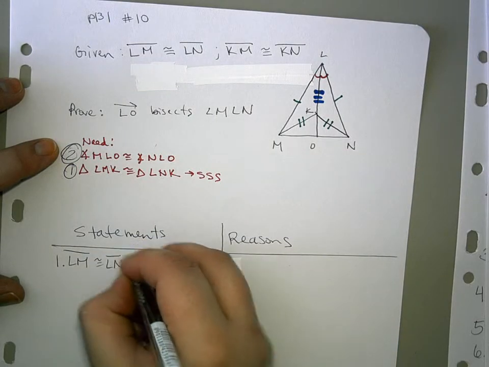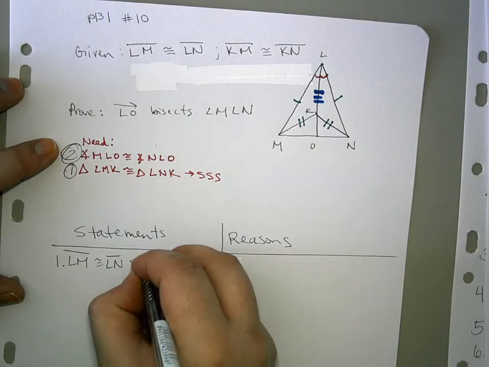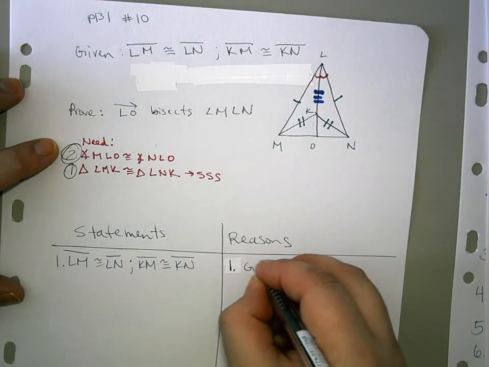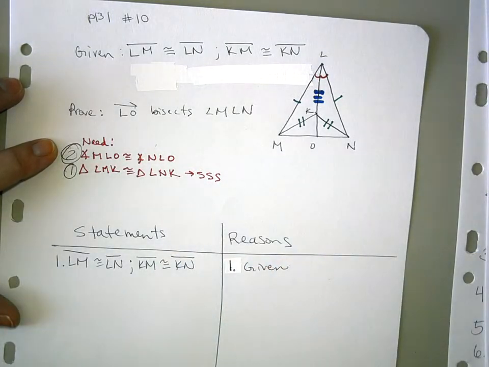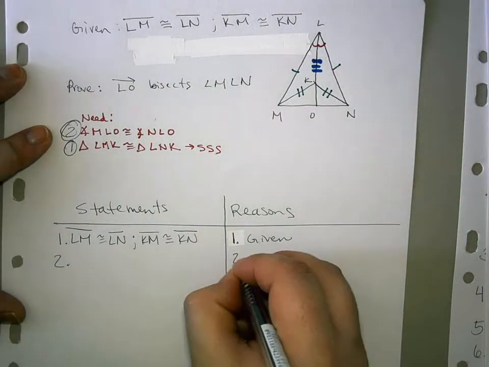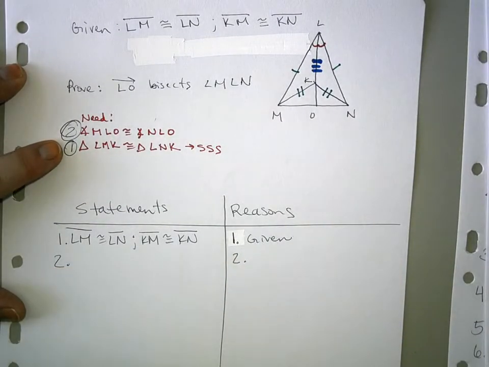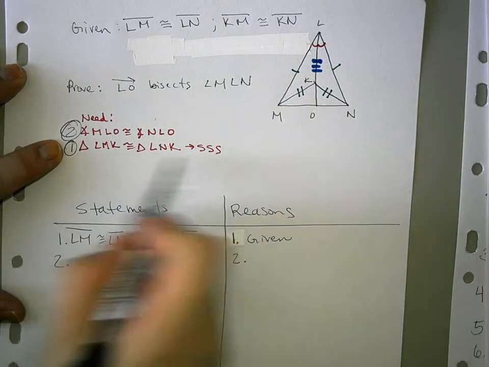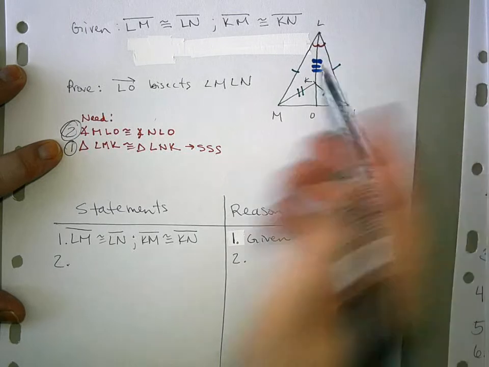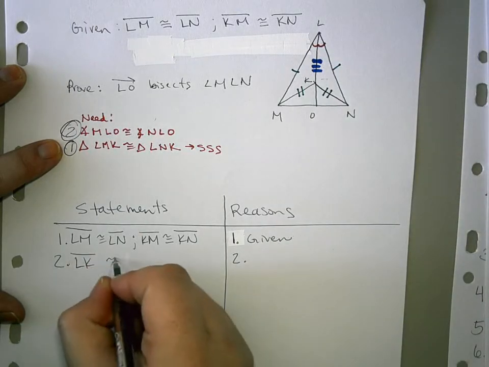Now, the givens I need all at once, so I'm going to write them all down in one step. After the givens, my next idea is to prove these 2 triangles congruent, and so I need LK congruent to itself.